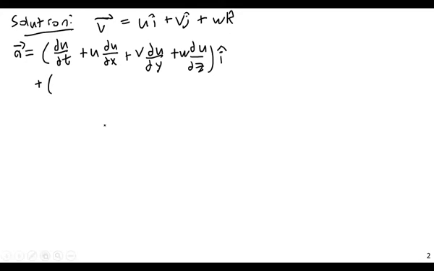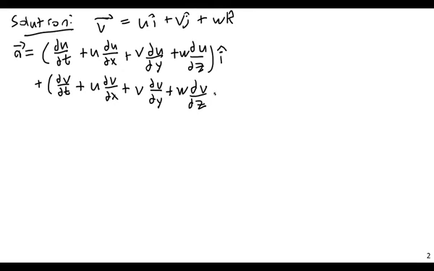And then plus, in the j direction, the partial of v with respect to t plus u times the partial of v with respect to x, plus v times the partial of v with respect to y, plus w times the partial of v with respect to z. And all of this in the j direction.